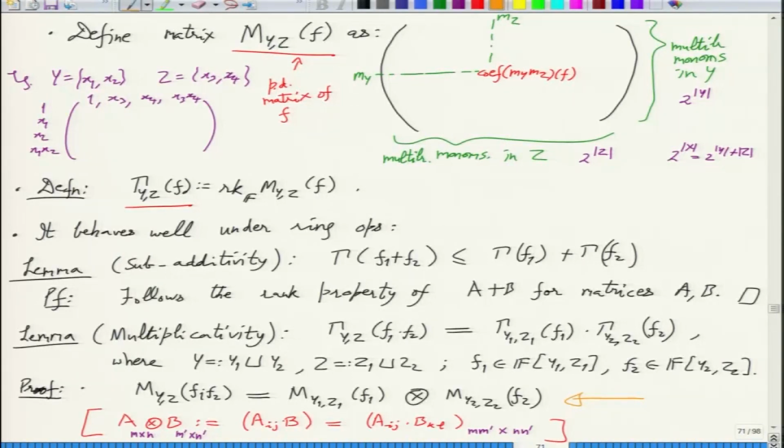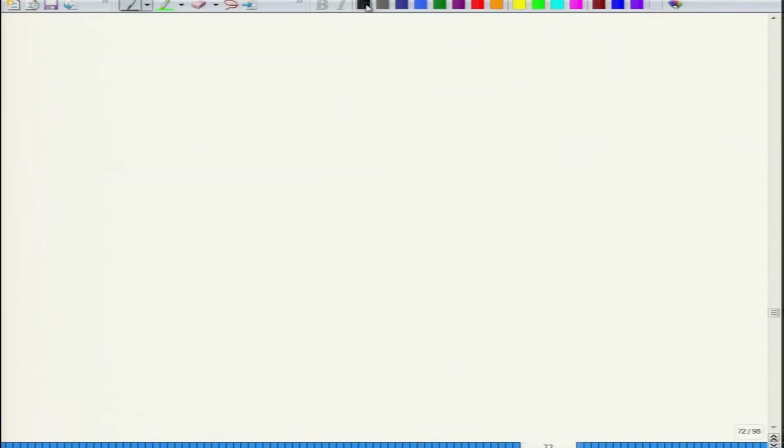There is no convolution happening. So use all these assumptions. Yeah. So this follows from disjointness of the subsets.